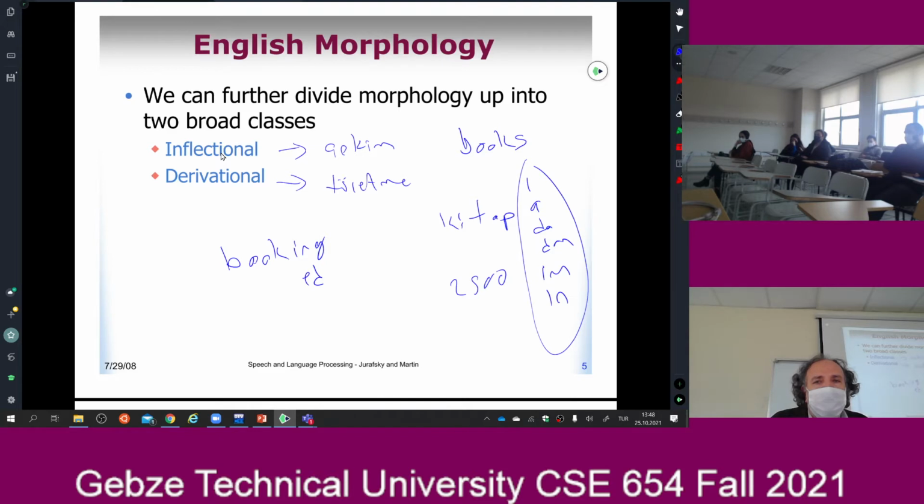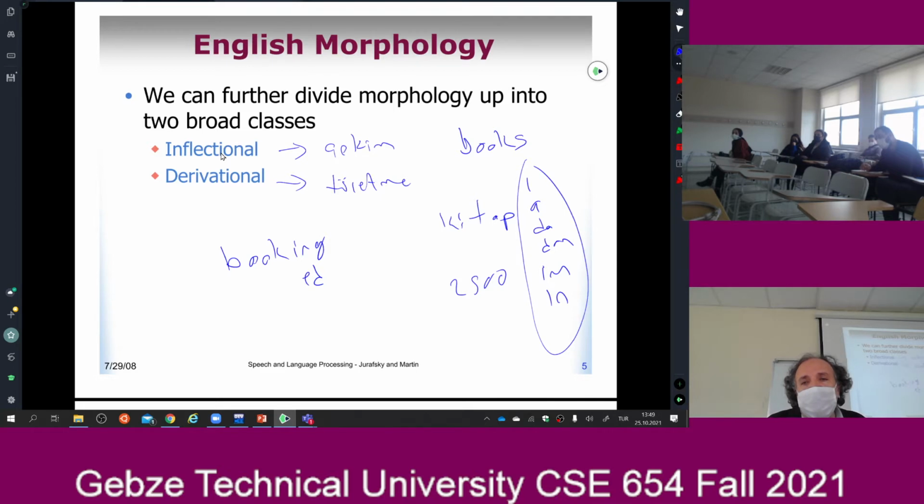For example, if you think about the noun book, with the morphology it can be at most book and books. That's it. The whole inflectional morphology for the noun is book and books. And when it comes to verbs, let's think about the verb meaning of book. Maybe I can say booking and booked. That's it. So on the inflectional side, there is not much.